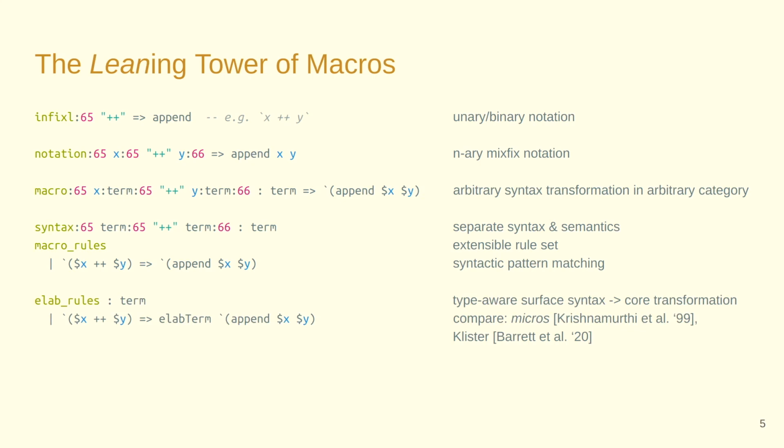If we replace the macro rules command keyword by elab rules, then we're not strictly writing a macro anymore, a syntax-to-syntax transformation, but actually an elaborator, which is a syntax translation to the core calculus of Lean, which is like the lambda calculus on a lot of steroids. And the main advantage of this level is that we can now actually make our macros type aware, so we can infer the type of x and y and so on. Yeah, do crazy things.